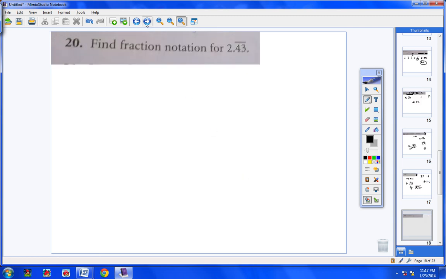All right. And number 20, find fraction notation for 2.43 repeating. Now I know we've never done this, but let me show you something.